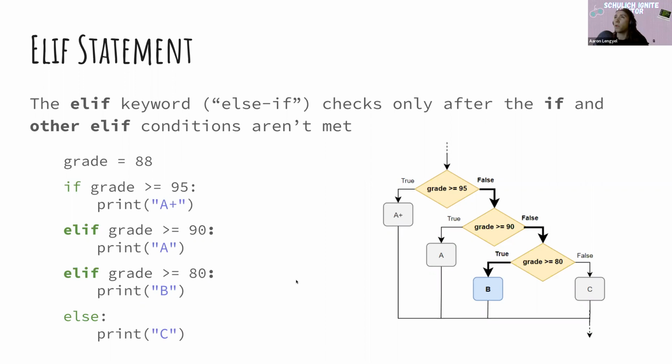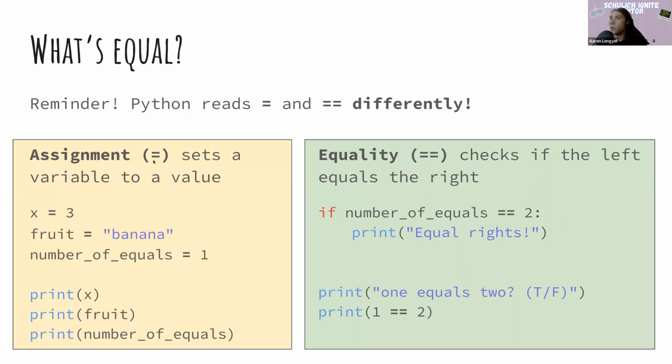One thing to remember is assignment versus equality. These are two very different operations. Equality has double equals. This will check if two things are equal, so it checks if two numbers are the same, or if two strings have the same characters.